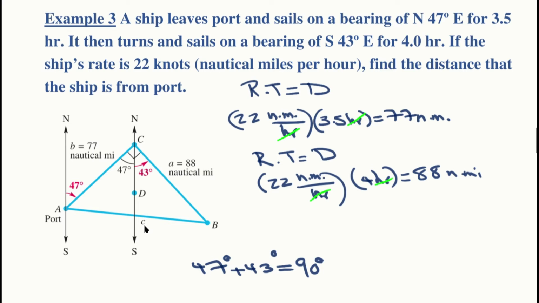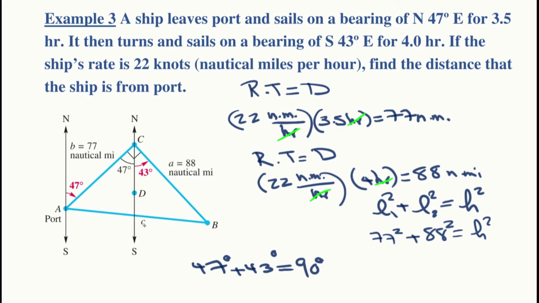All we have to do is remember that according to the Pythagorean theorem, leg 1 squared plus leg 2 squared equals hypotenuse squared, right? So therefore we get 77 squared plus 88 squared equals h squared. So h is going to be the positive square root. We reject the negative because it's distance, of 77 squared plus 88 squared.